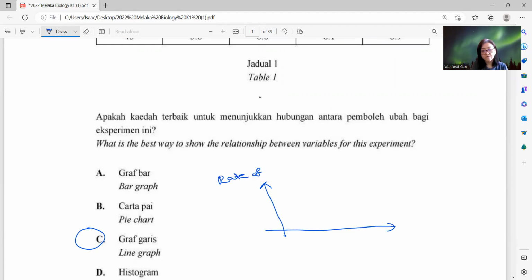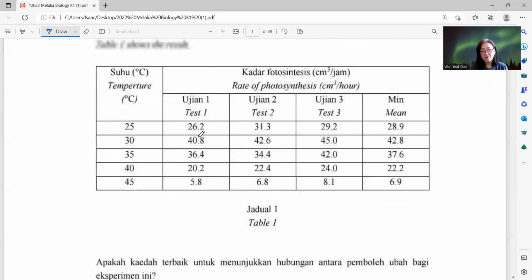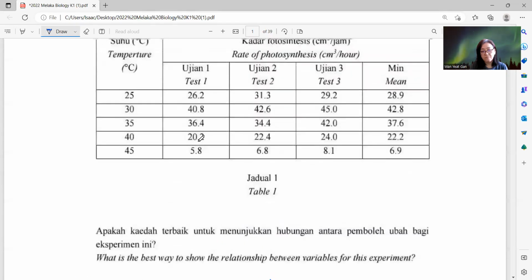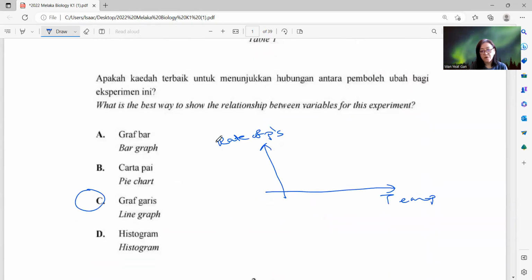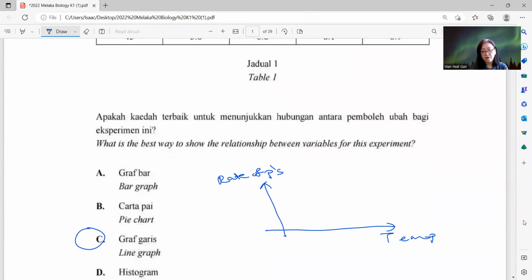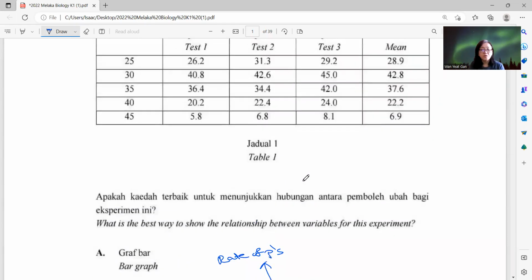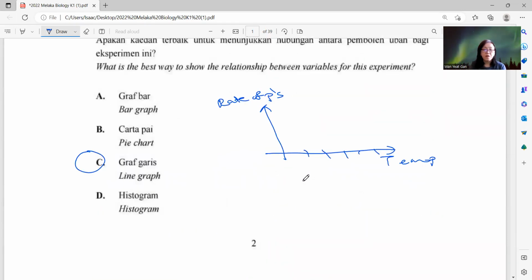So the rate of photosynthesis, and then the temperature will be here. So you can plot the graph based on the temperature, yeah, based on the temperature. So you have your temperature here, and then you can get a graph to show the relationship.